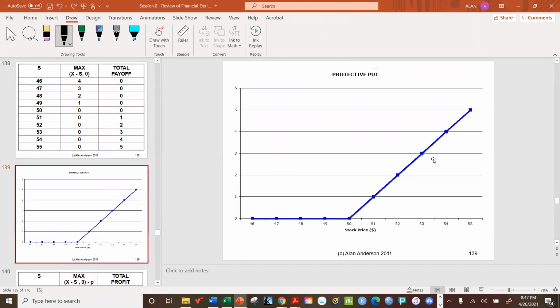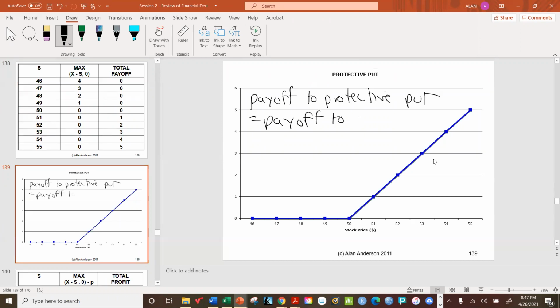Now, interestingly enough, the payoff to the protective put, and we'll see why this is later on, equals the payoff to a long call, or a call option that we own. How do you like that? It looks just like the call payoff. The payoff is the same. The stock and the put are giving us the same payoff as a call option.